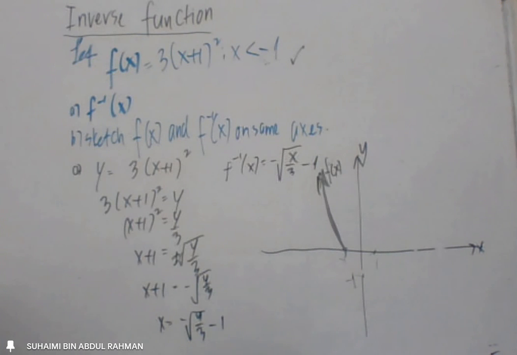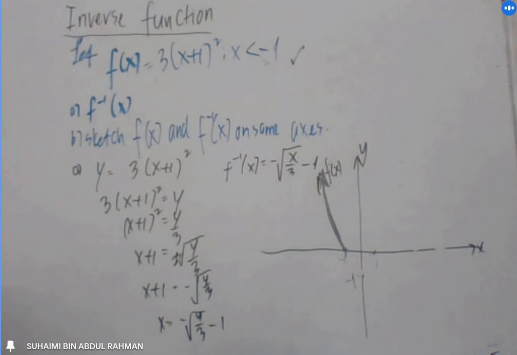Curve graph. When we talk about transformations, we just start with the graph of what? When we want to sketch using transformation, but here it doesn't relate to transformation, right?